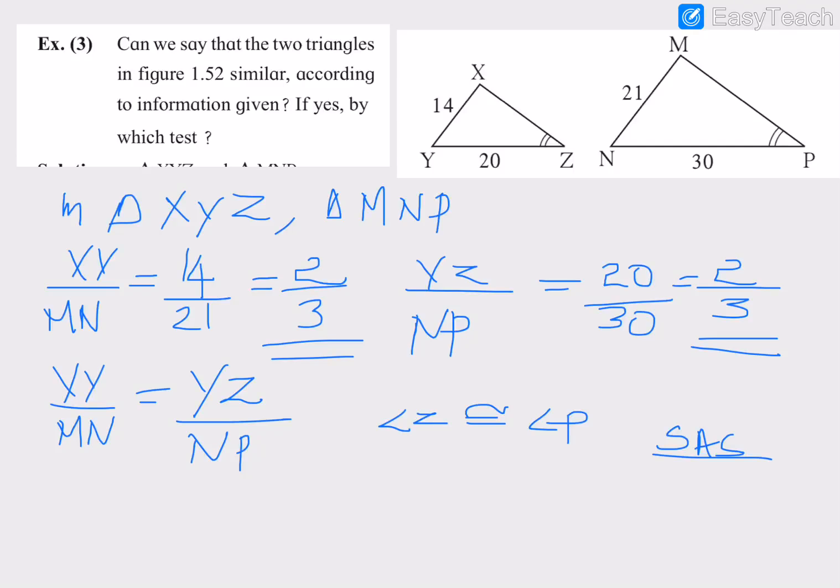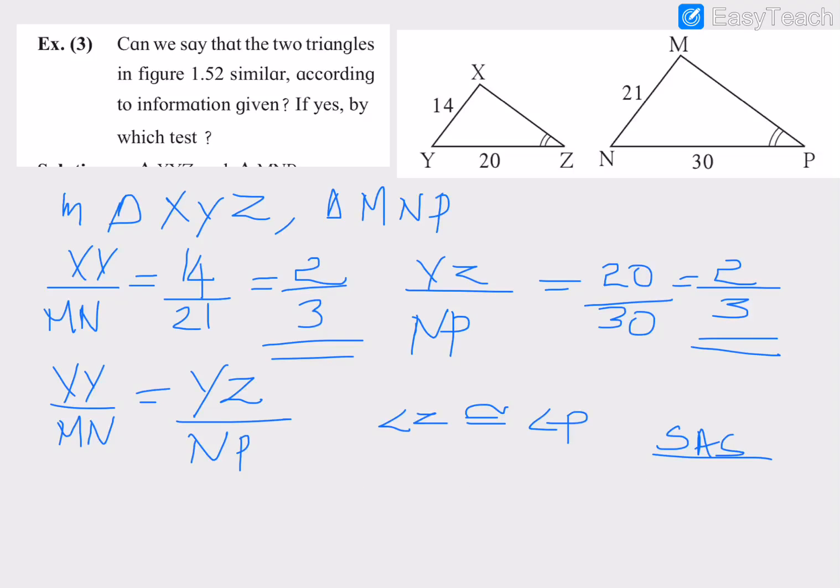We have to write in words that angle Z and angle P are not in between the sides XY, YZ and MN and NP. That is, angle Z and angle P are not in between the corresponding sides of these two triangles.